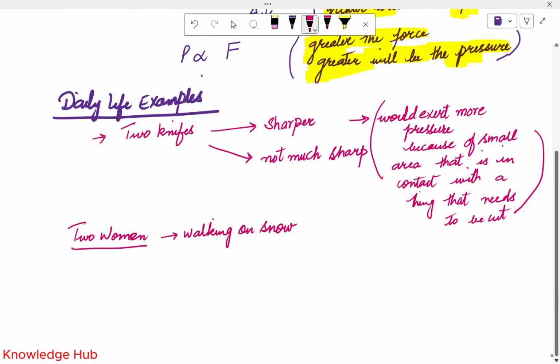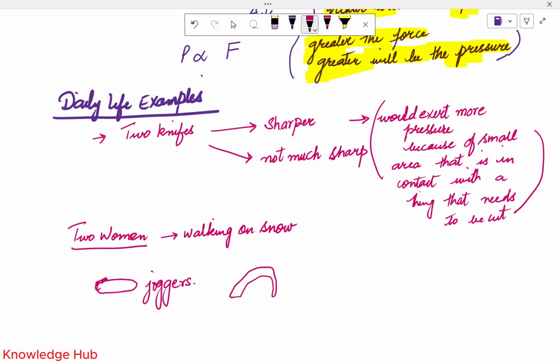One is wearing joggers, which are flat from the bottom, and the other one is wearing this kind of heel. So this is basically the picture.